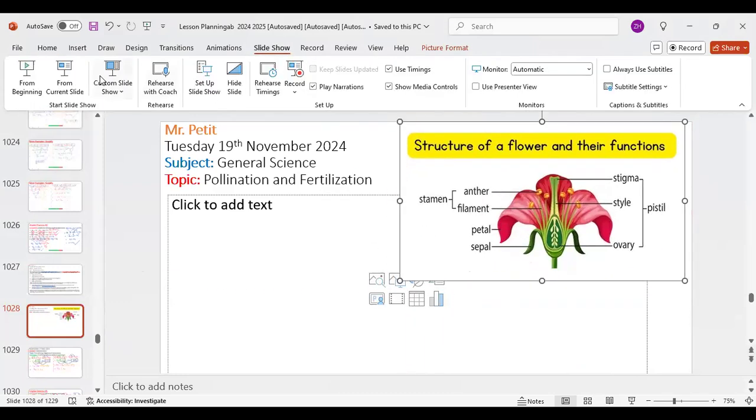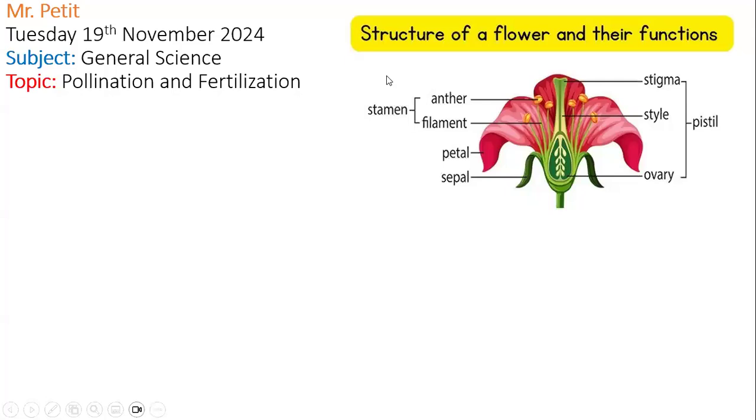So we have the stamen. What two structures are part of the stamen? The anther and the filament. Very good. And then we have the pistil. What three structures are part of the pistil? Stigma, style, ovary. Very good.